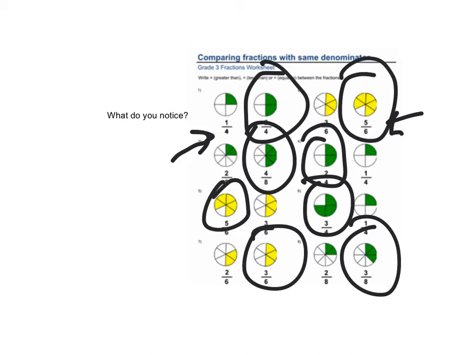I'm going to give you just a minute to think. Hopefully you're noticing that the denominators are the same, which means like in this one, for example, you're looking at sixths. 3 of those 6 pieces would definitely be more than 2 of those 6 pieces.